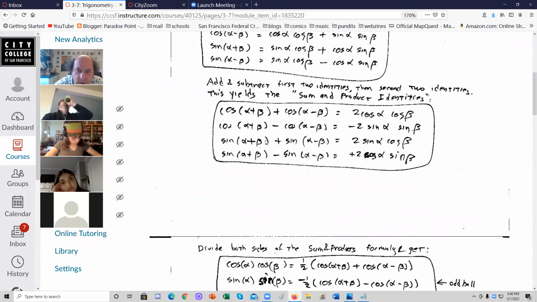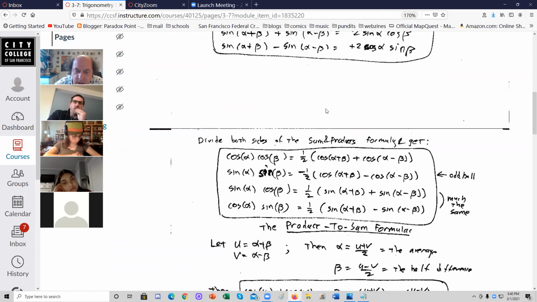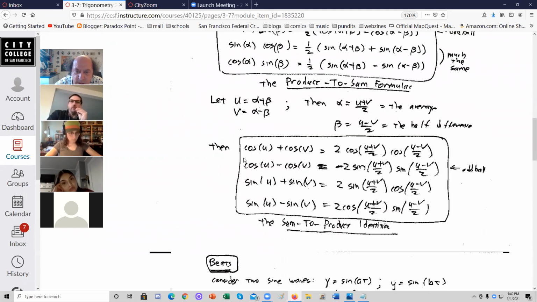So putting u in for all these alpha plus betas, v in for these alpha minus betas, (u plus v) over 2 for the alphas, (u minus v) over 2 for the betas, these all turn into these identities. Cosine u plus cosine v equals 2 cosine of the average times cosine of the half difference. Cosine u minus cosine v equals minus 2 sine of the average, sine of (u minus v) over 2.